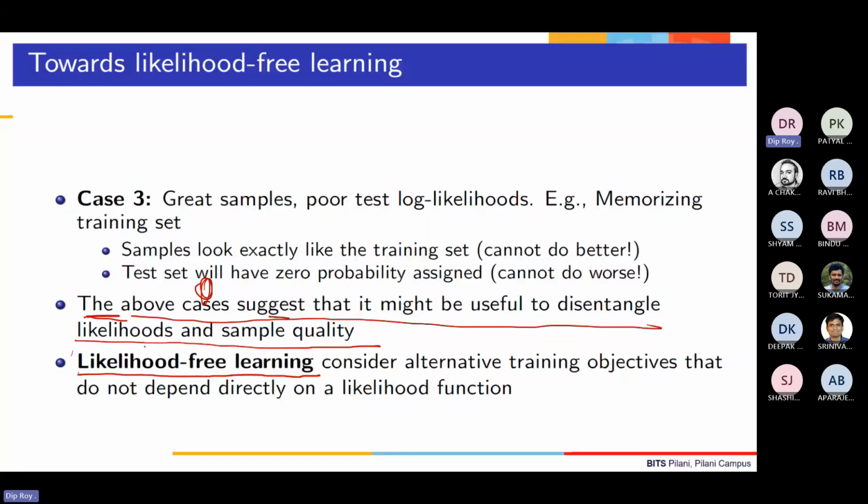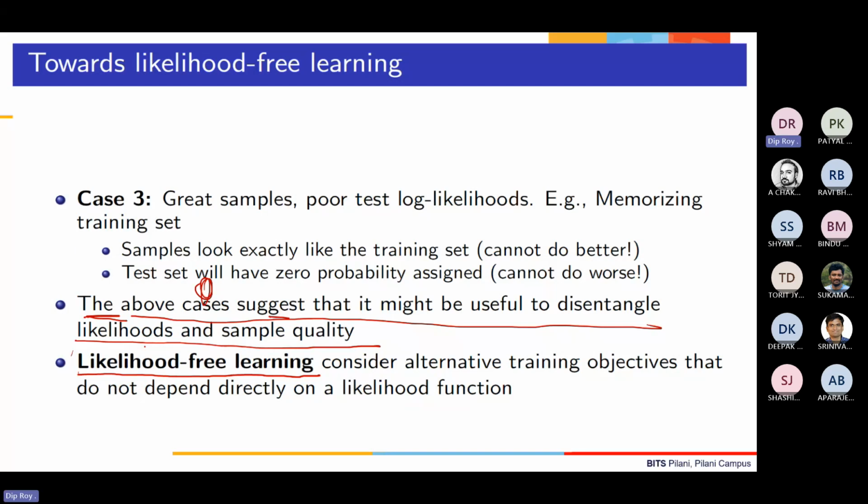The reason is that even though likelihood is the best statistical tool to do the training with a certain amount of data, and will give you the best possible convergence, the problem is that likelihood and your sample quality are not tightly coupled.